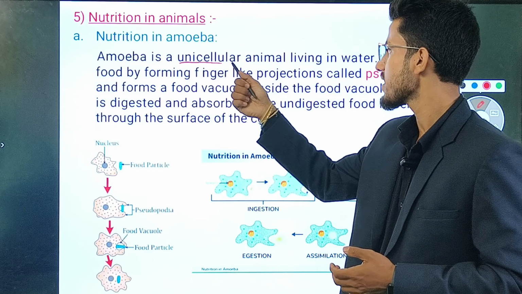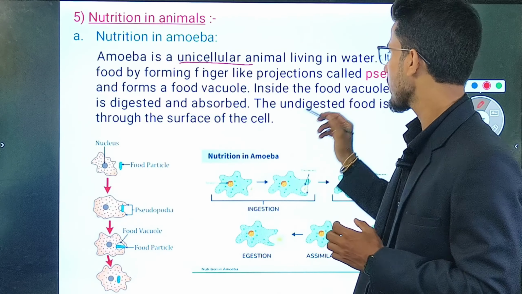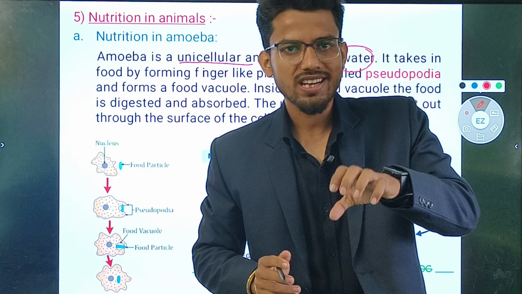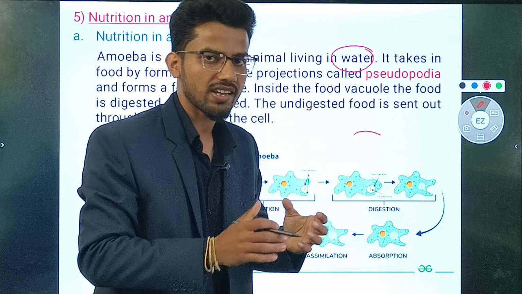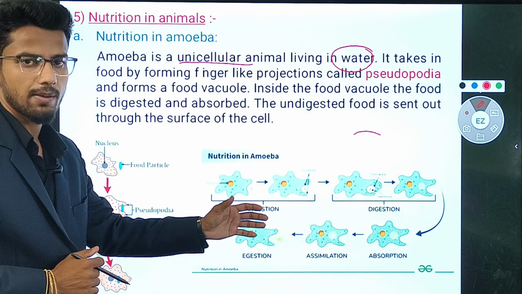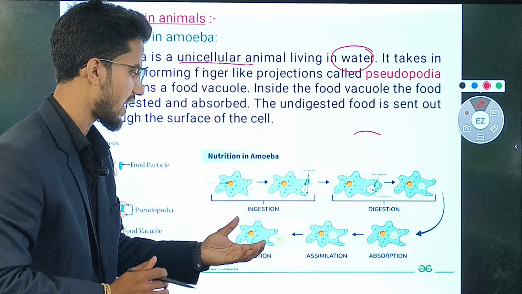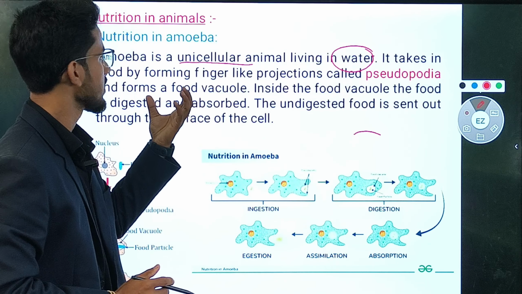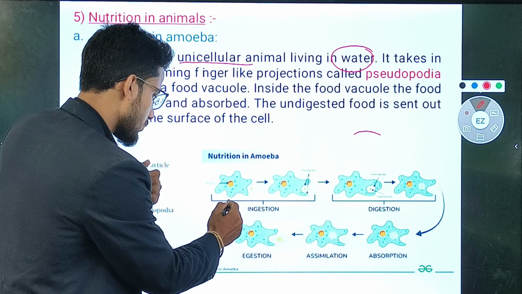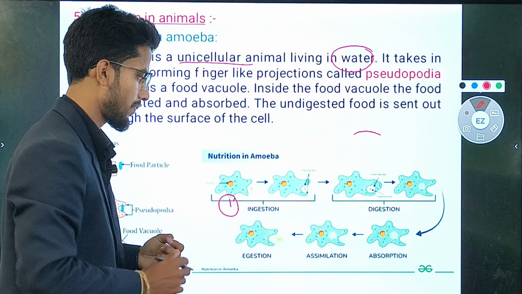Amoeba is a unicellular animal primarily living in water. Before starting this topic, you have to go through this diagram where the complete steps of the nutrition of amoeba are shown. In the very first process, that is ingestion.